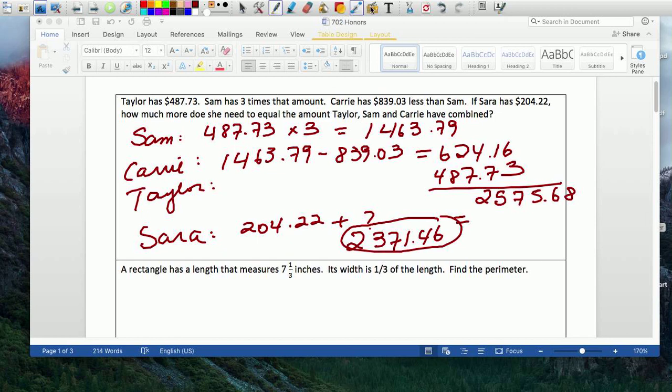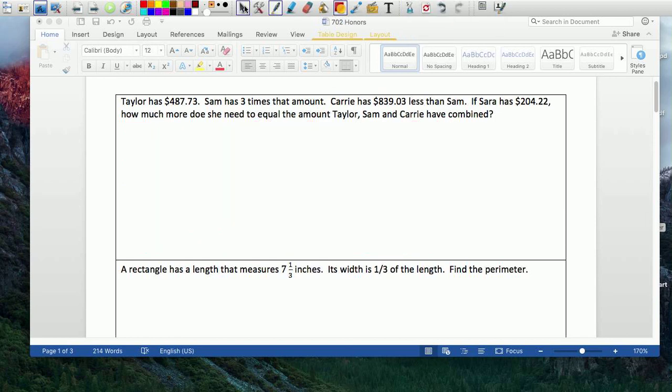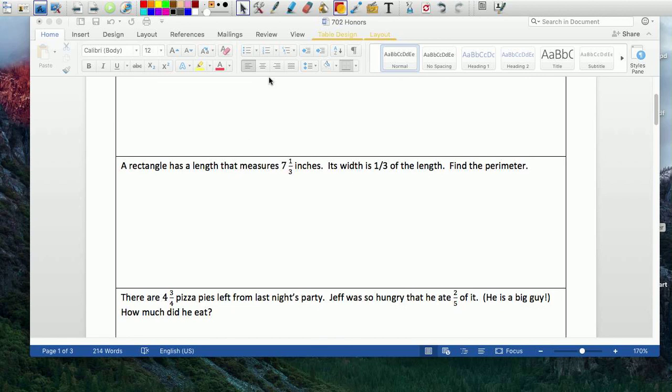Okay. Moving on. Question 2, a rectangle. So I'm going to draw my rectangle. It's always nice if you draw it out. The length is 7 1/3 inches. Its width, this width here that I don't know, is 1/3 of the length.